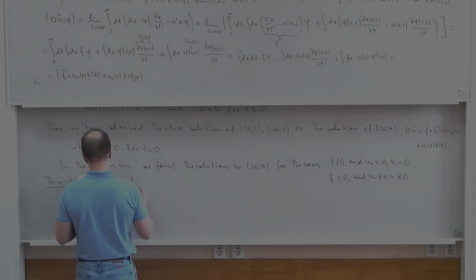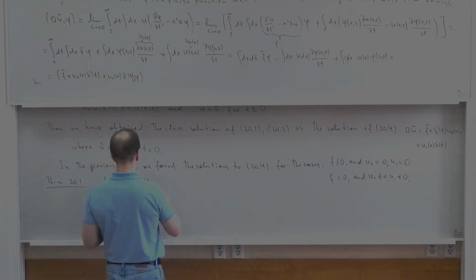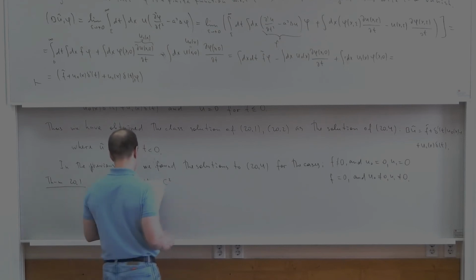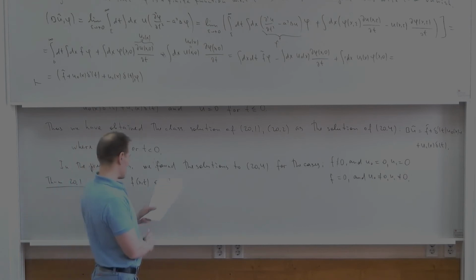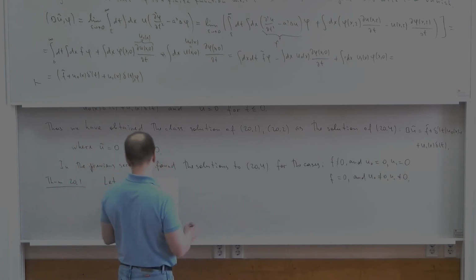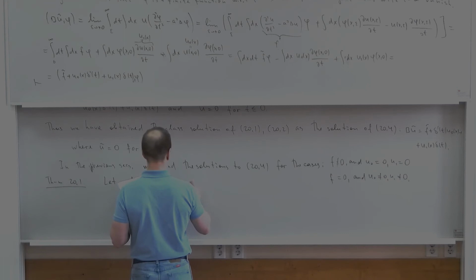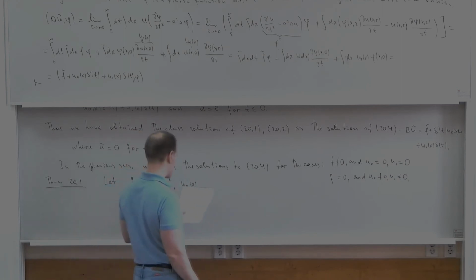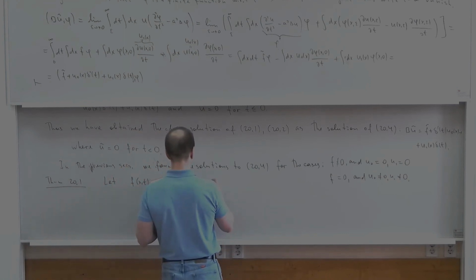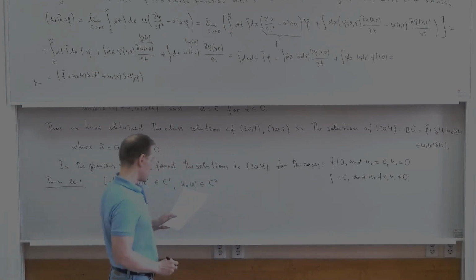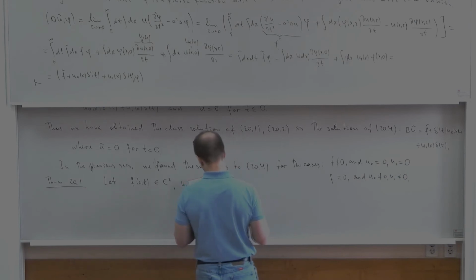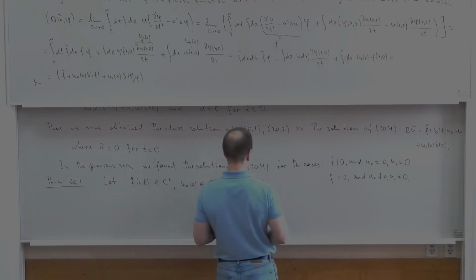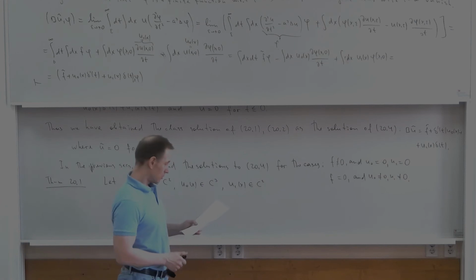Suppose that the function f is continuous with its second derivatives, so it belongs to the class C2. u0 of x is continuous with its third derivatives. u1 of x belongs to the class C2.